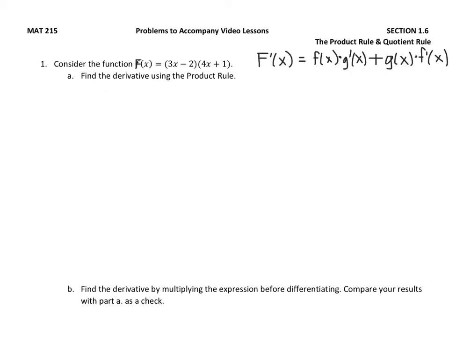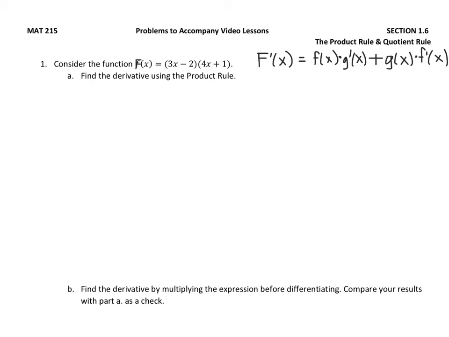So let's consider the function capital F of x equal to the product of 3x minus 2 and 4x plus 1. We want to find this derivative by using the product rule. So I've written the product rule down for us. Recall that the derivative F prime of x is given by lowercase f of x times g prime of x plus g of x times lowercase f prime of x.